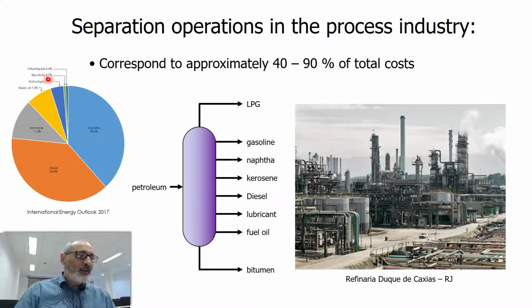Except for electricity and other liquids on top here, everything is from petroleum or, well, natural gas. You also have to make some separation, but petroleum will help producing gas, liquefied petroleum gas, gasoline, naphtha, and so on. And this is actually a separation process.